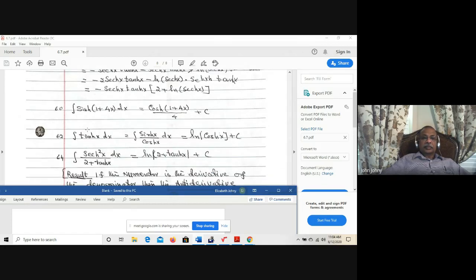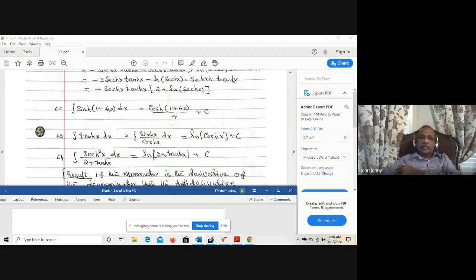Next, the antiderivative of sinh of 1 plus 4x dx. One way to work out this problem is to substitute 1 plus 4x equal to u and then use the u substitution. But I did not do that because this is a linear function.